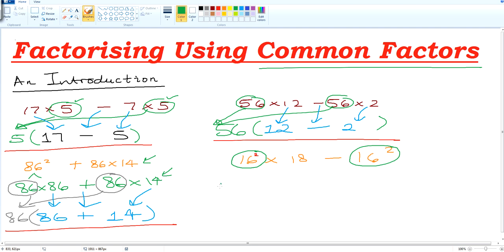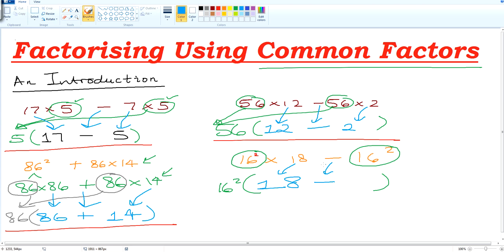So let's pull out 16 squared. What are we left with? We're left with 18, and the minus. Now if I put the 16 squared out, what's left over on this side?